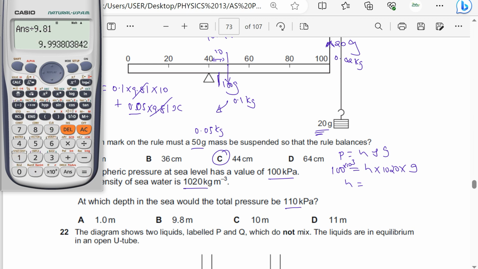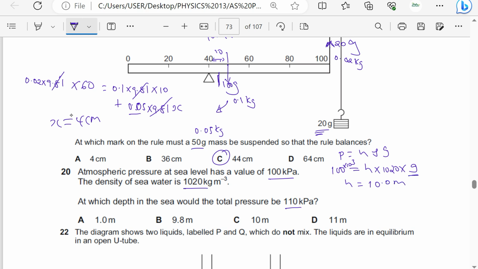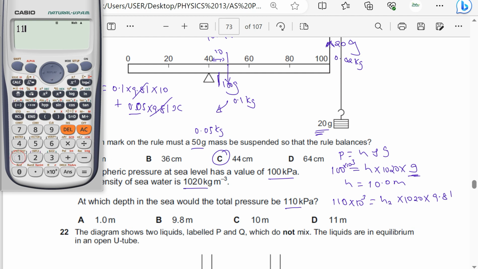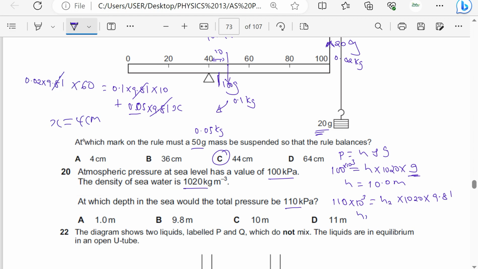H here is approximately 10.0 meters after substituting G. Then for the second one, 110 times 10 power 3 should be equal to H2 times 1020 times 9.81. So this is going to be 110 times 10 power 3 divided by 1020 times 9.81, that is approximately 11.0. So this is H1, and H2 is 11.0 meters.